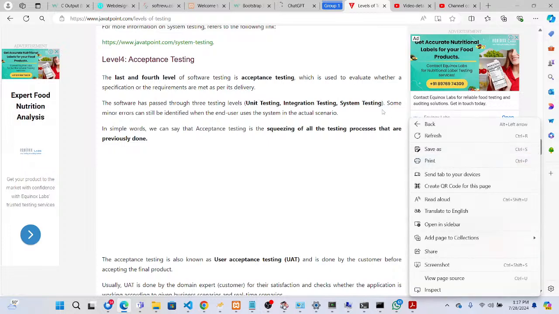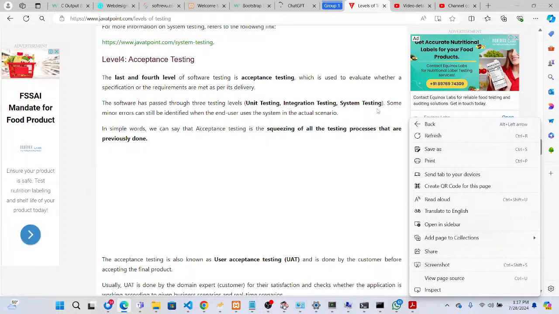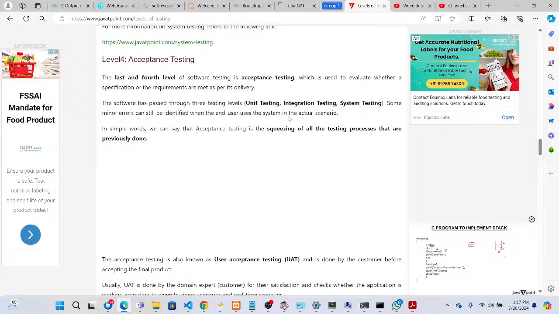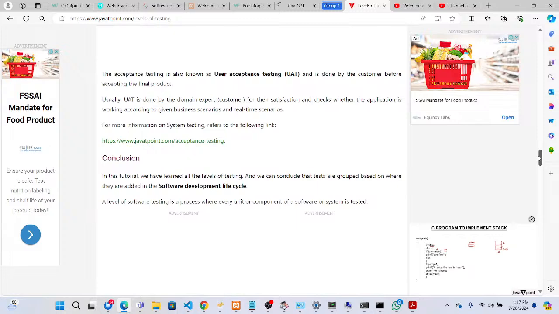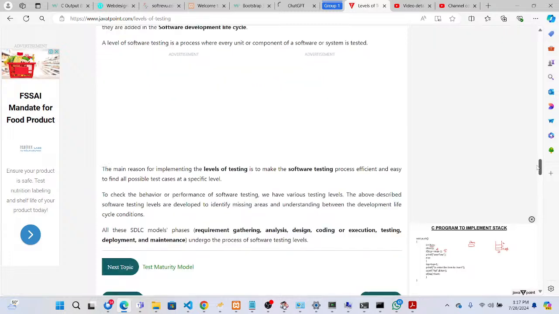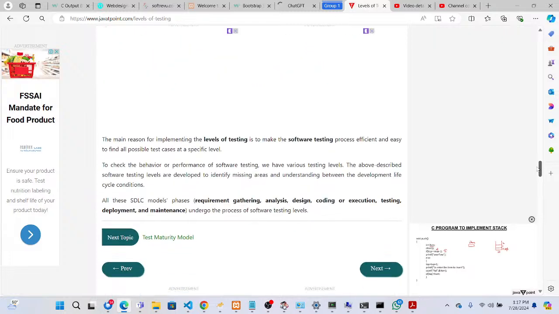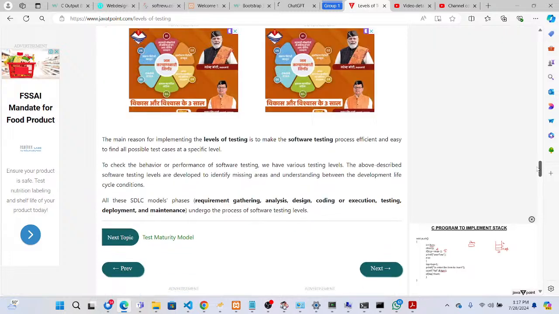Once the acceptance testing is done, if any critical defects are there, it goes back to the developers, this life cycle happens again, the testing team verifies, and it goes to acceptance testing again, and finally the customer should say that the testing is concluded. We will discuss that more in later subjects, but that is the level of testing which is used. Okay, so fine.